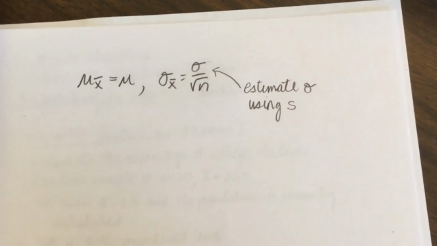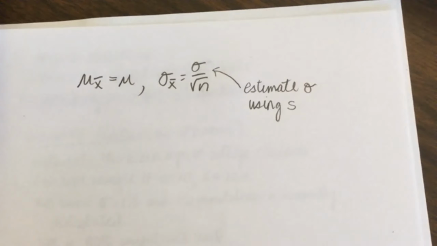Now, this creates a bit of a problem because we're already going to have some error in our estimate because we estimated the mean using a sample mean. And now we're going to also create more error because we're going to estimate the spread of the population using the spread of the sample. And when that happens, we get more error, okay?